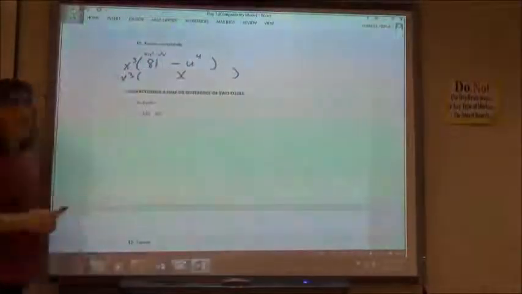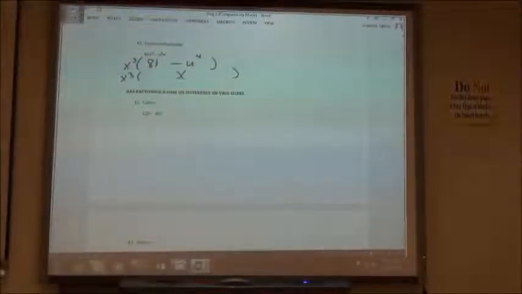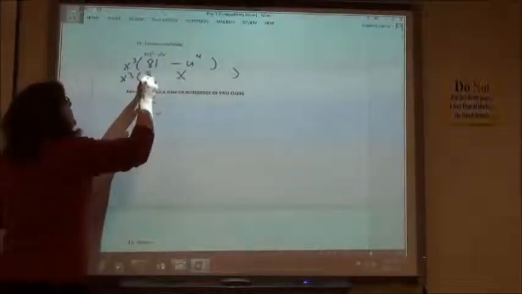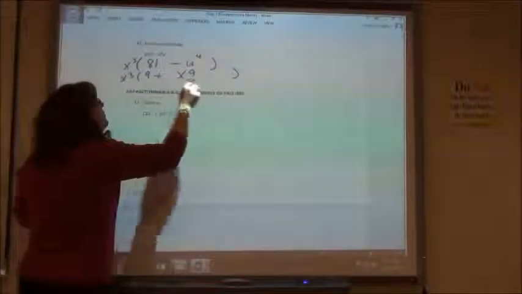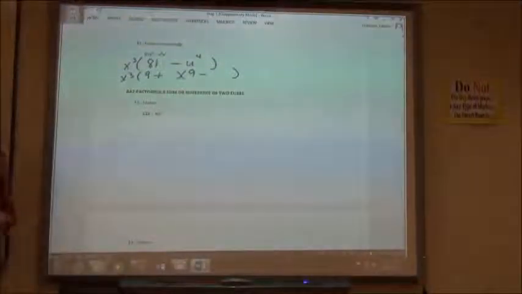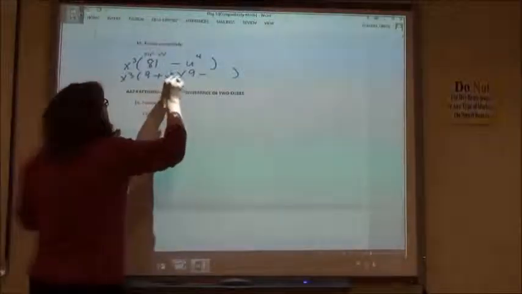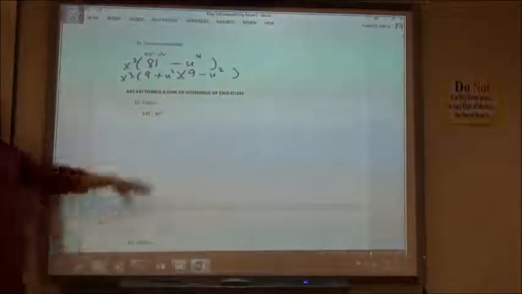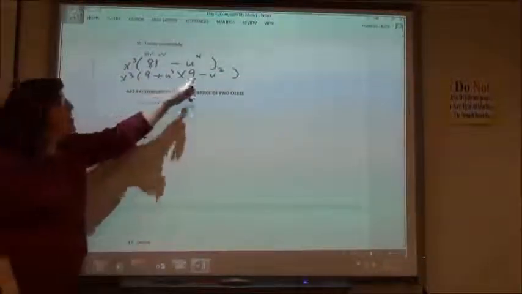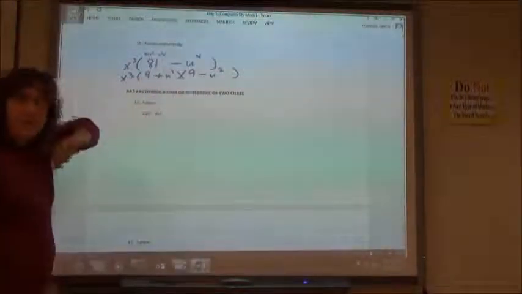So, factors of 81: 9 and 9. My signs, positive and a negative. Factors of u to the fourth, u to the second, u to the second. We can't factor the sum of squares, but we can factor the difference of squares on the end a second time.